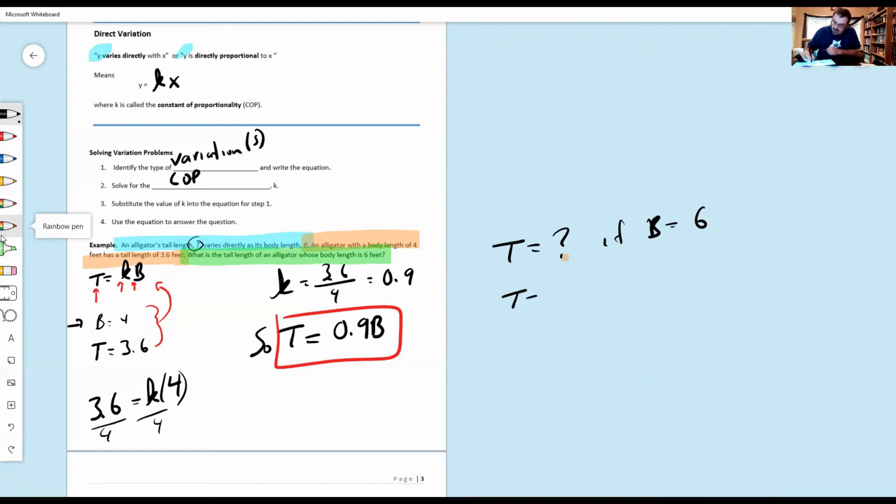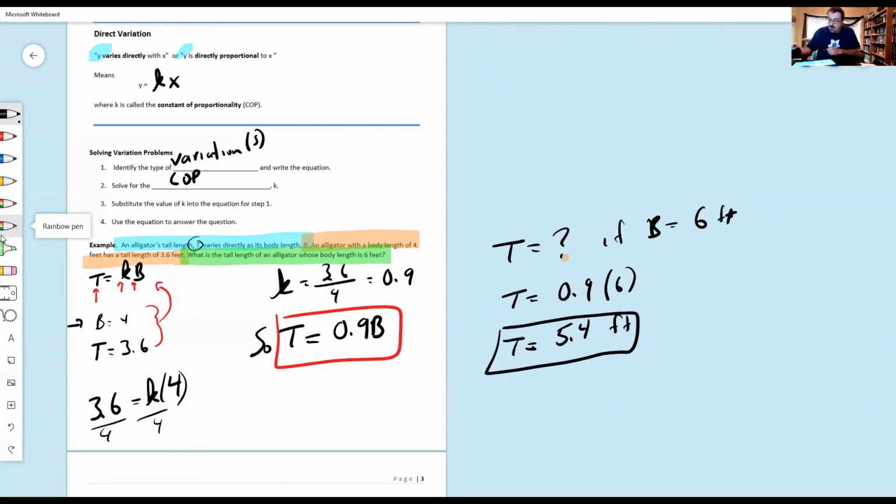So t equals 0.9, from the formula over here, times 6. So it's going to be 5.4. And again, we're doing it in feet, right? This is 6 feet. So it's going to be 5.4 feet.